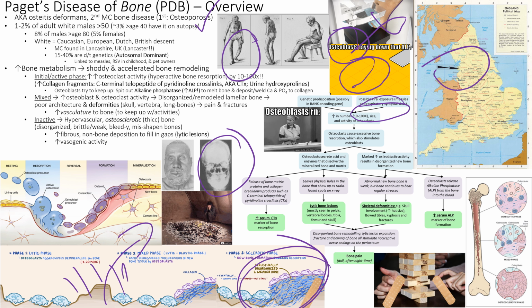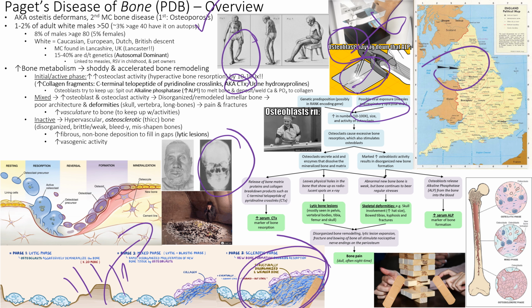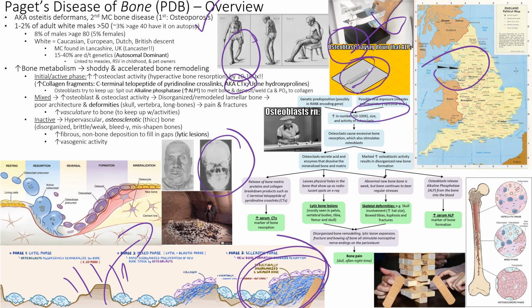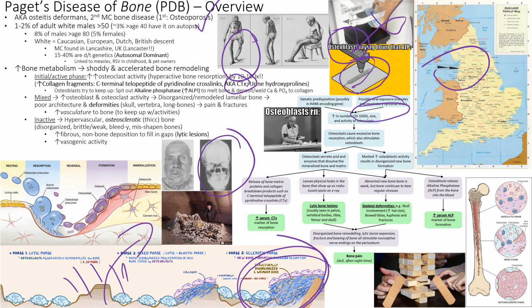So there are collagen fragments we can measure. CTX is the easy name because the long name is not easy: C-terminal telopeptide of pyridinoline crosslinks. CTX is a urine or serum test we can do to see if they're breaking down collagen super quick. So we get deformities, which can be very troublesome.